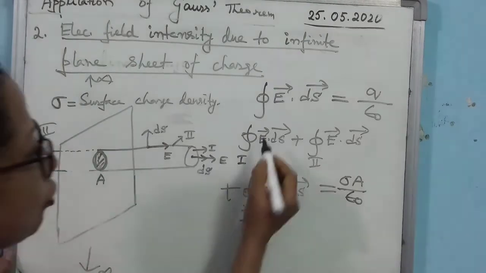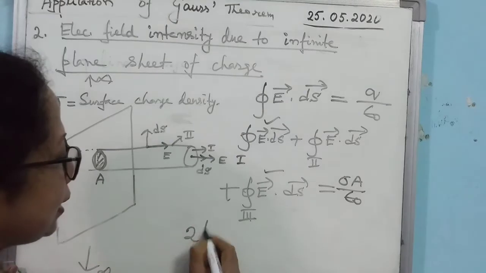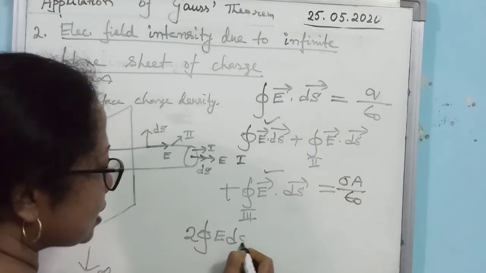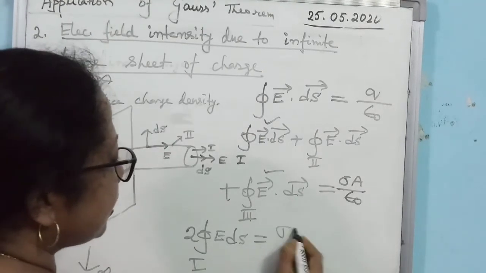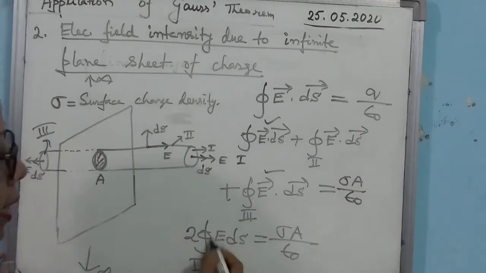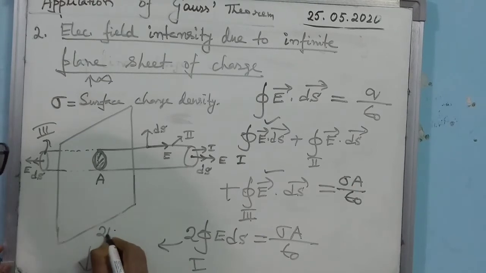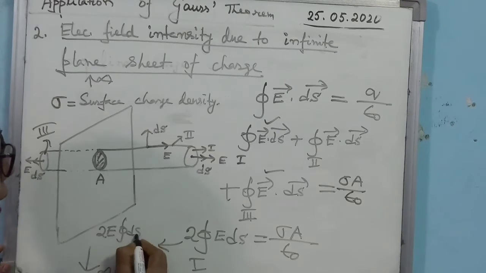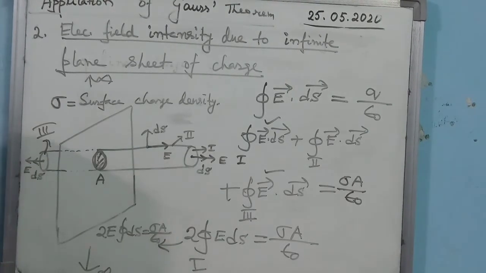So for the first and the third one, we can write it as 2 integration E ds over the first surface, and here it is sigma A by epsilon naught. Again, E you can take outside the integration because it is symmetrical. So it will become integration ds is equal to sigma A by epsilon naught.